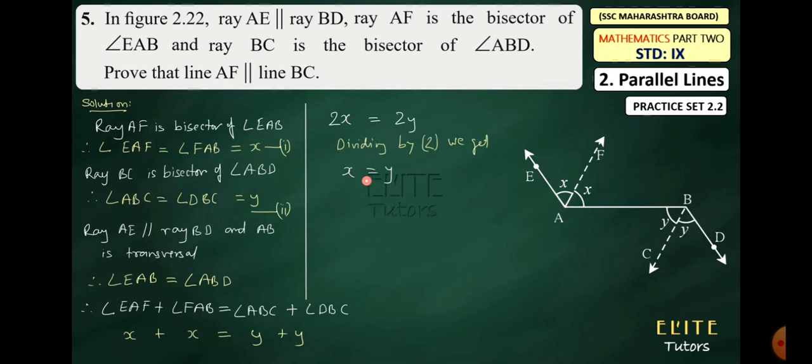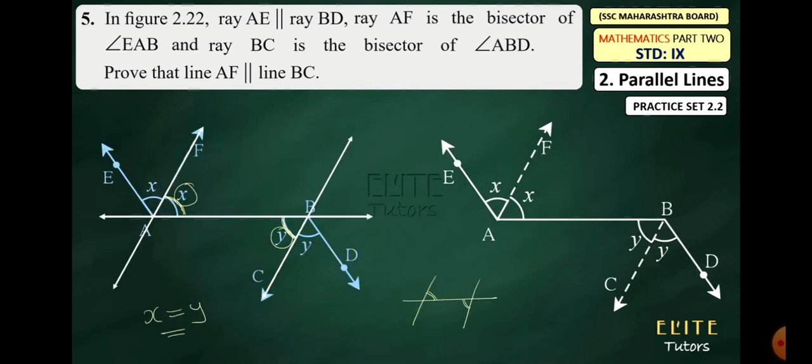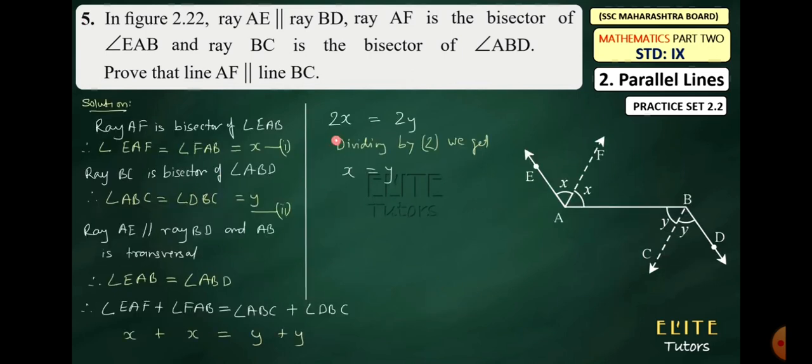हमने प्रूव कर दिया, सॉल्व कर लिया कि X इक्वल Y हो गया। So if X equals Y, by the alternate angle test, we can write AF is parallel to BC. In the place of X, we will put the value of one angle FAB.